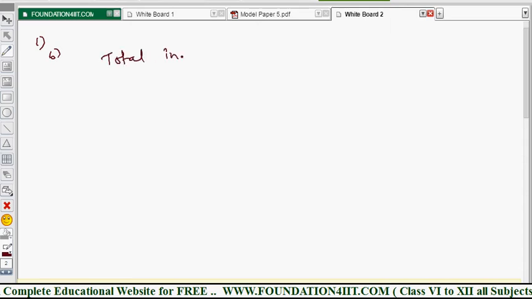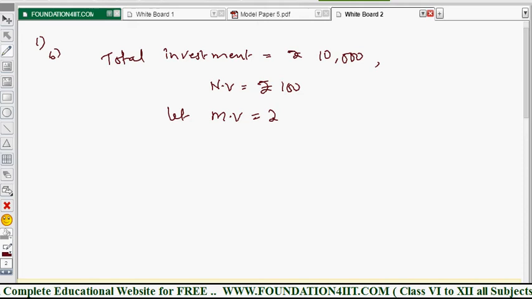Total investment is equal to rupees 10,000. This is given, and the nominal value is rupees 100. Let the market value be rupees x, because we need to find it.